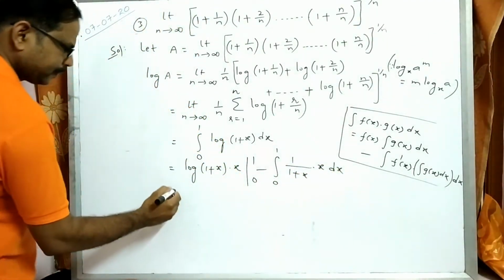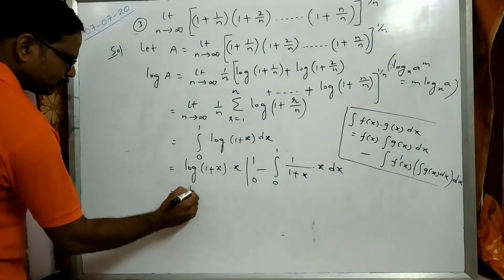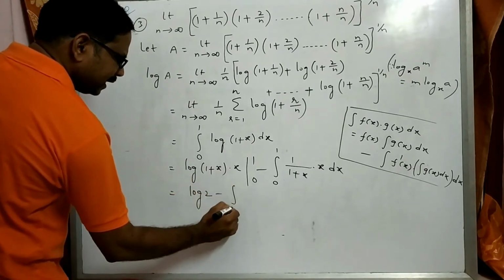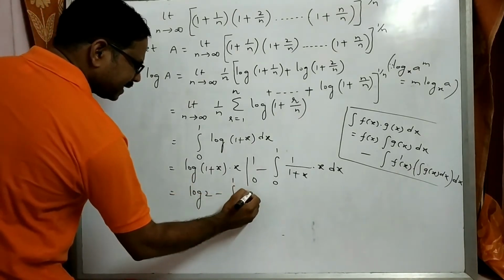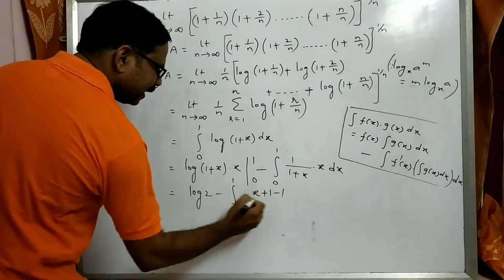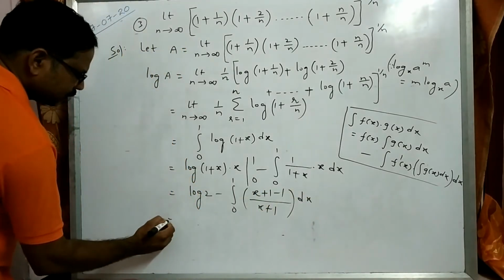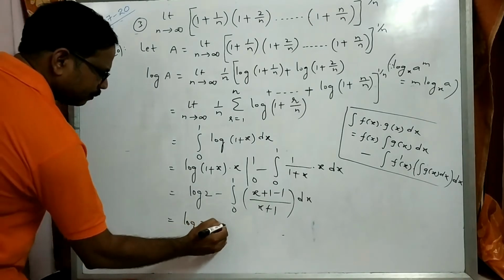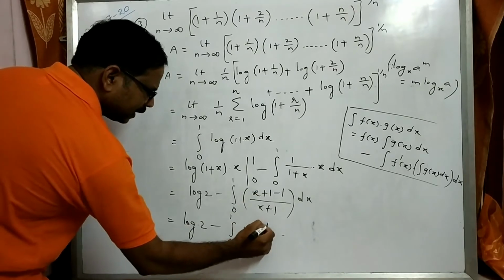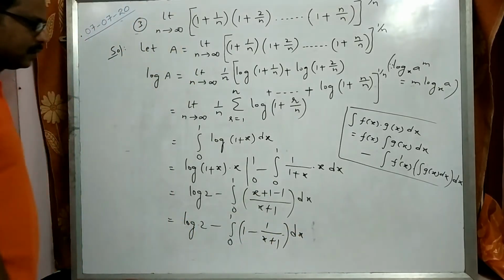So put the limits here: log of 1 plus 1, log 2, minus 0, so minus integral 0 to 1. Here I have x, so I will take x plus 1 minus 1 by x plus 1, adding and subtracting 1 there. So log 2 minus integral 0 to 1 of (x plus 1) by (x plus 1), 1 minus 1 by x plus 1, dx.